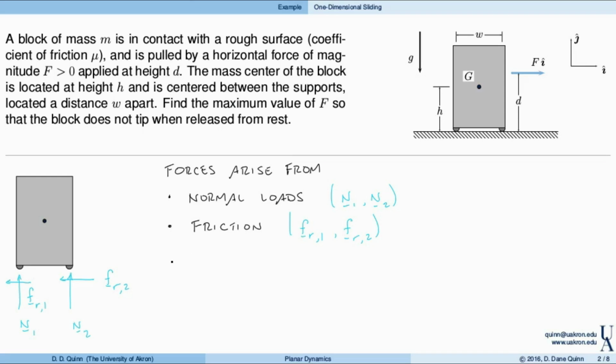We also have the weight of the block, so the force due to gravity, and we will describe that as W. And finally, we have the applied force, F, as seen in the problem statement.